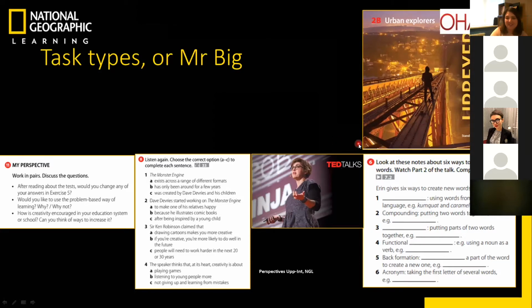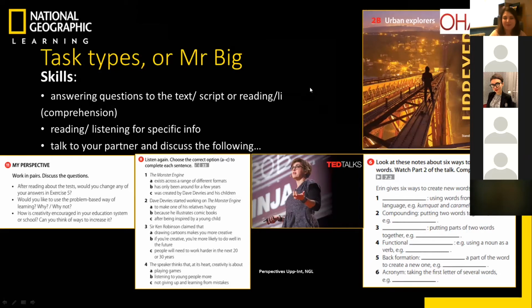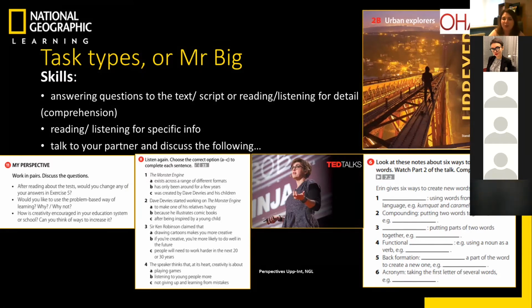So, these are the tasks aiming at developing skills. Those are skills type tasks. They can be tasks like answering questions to the text or to the script, or reading, listening for detail, for specific information, or talk to your partner and discuss the following.